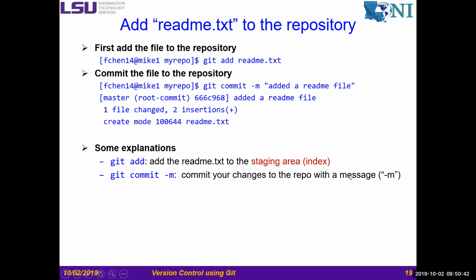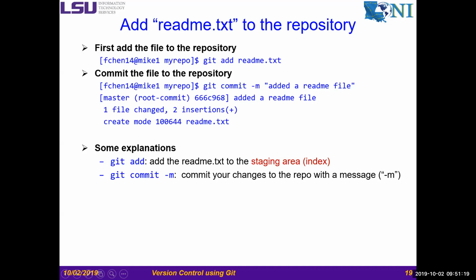But I think for most of you at this moment, using the term staging area is much easier to understand, so we will use the staging area throughout today's training. But first, remember, using git add, we just added this readme.txt to the staging area. And the second command we use is git commit -m. This commits your changes to the repository with a message.